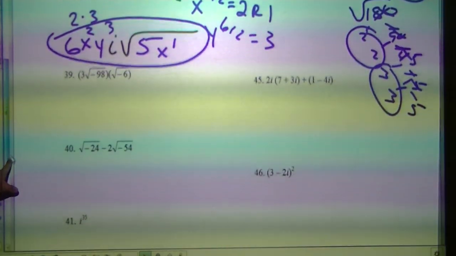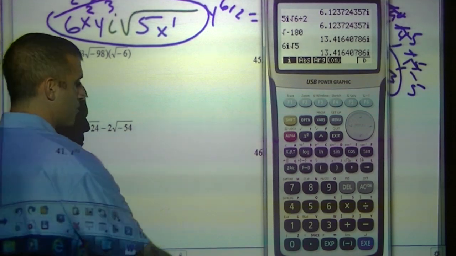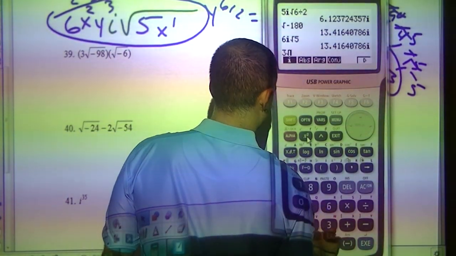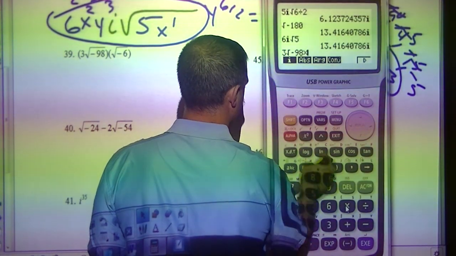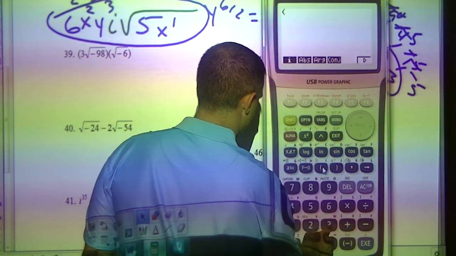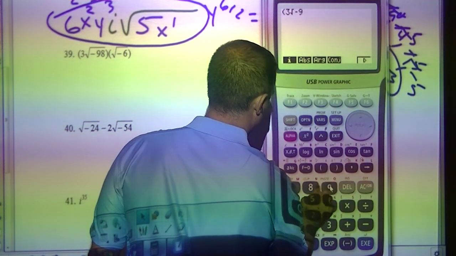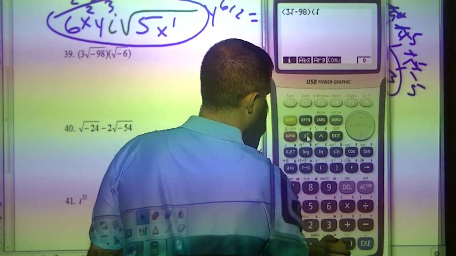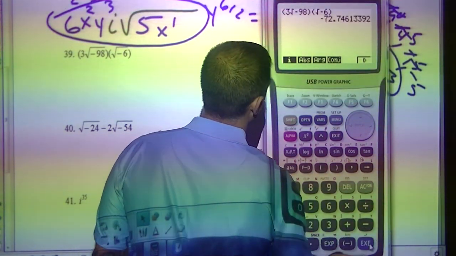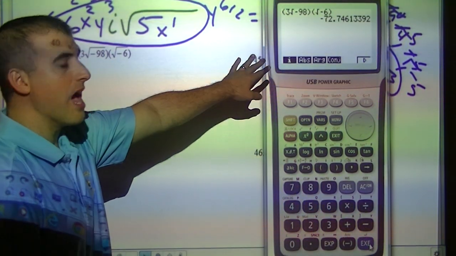Moving on here to 39, same deal. I'm going to do 3 square root of negative 98, times, actually let me use the parentheses like they do. The square root of negative 98, and I got the square root of negative 6. Now if you notice, do I have an i there?